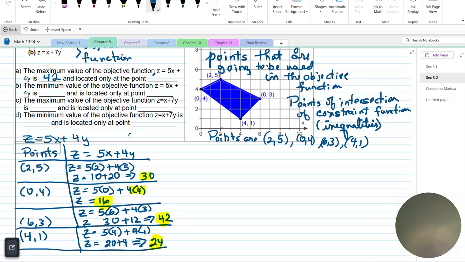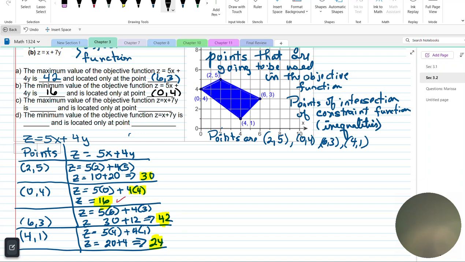The minimum value of the objective function z equals 5x plus 4y is the lowest number, and it looks like 16, at the point (0, 4).